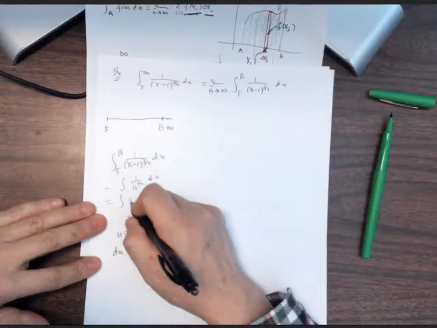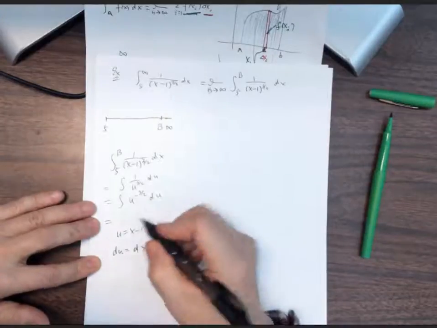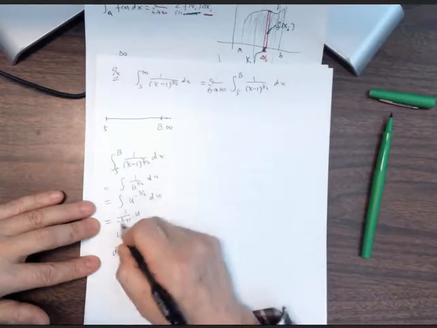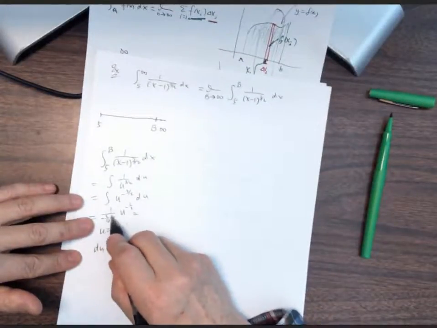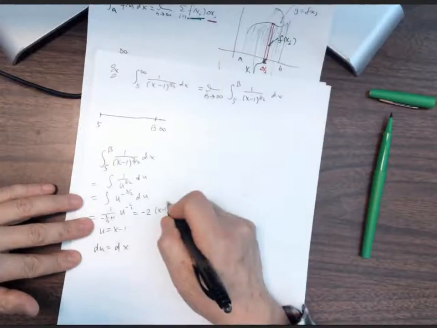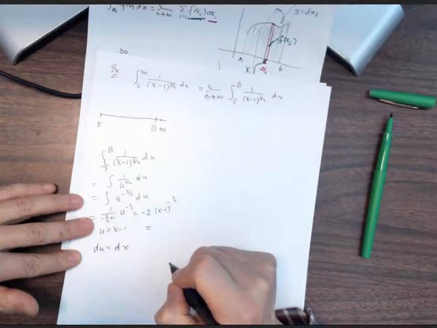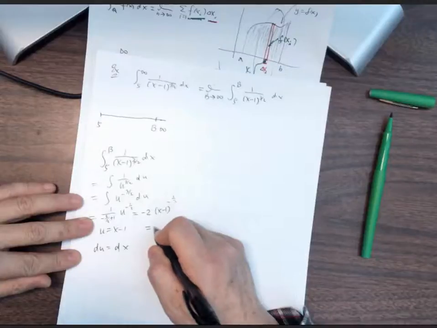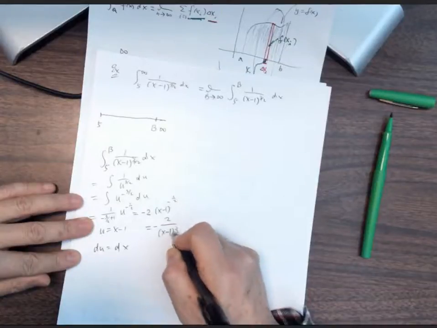The antiderivative, let's see, negative 3 over 2, 1 over negative 3 over 2 plus 1, u raised to negative 1/2, or negative 2. u is x minus 1 to the half power, put on the bottom, so it's 2 over x minus 1 to the half power, which is the square root.